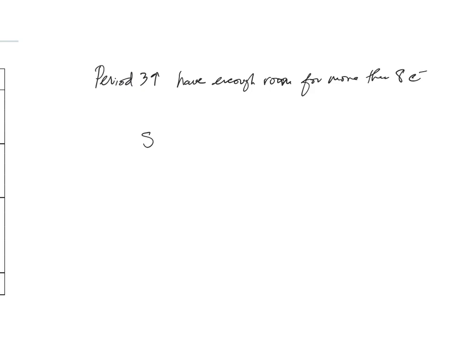Now, most of the time they're going to obey the octet rule, but if you see a situation where there's less than 8, you just check yourself and say, okay, is it in period 3 or bigger? It's possible that you could have more than 8 in the outer shell. So the first one is more than 8 as long as it's in period 3 or above.